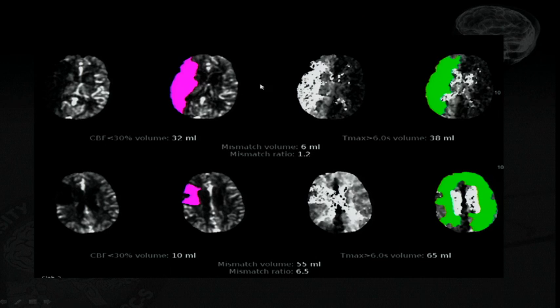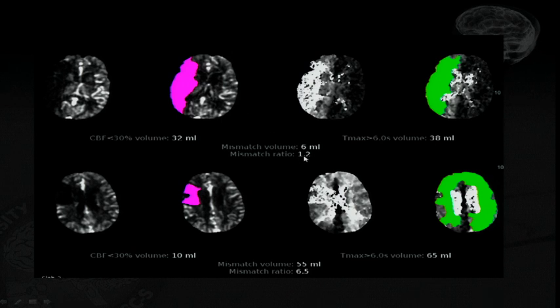Something like this, okay? So this is what you're going to get. It's going to give you your less than 30% volume, Tmax volume, your mismatch volume, and your mismatch ratio, okay? For the two slabs. So in this bottom slab, this is one patient, this is another patient. So this is a matched core.